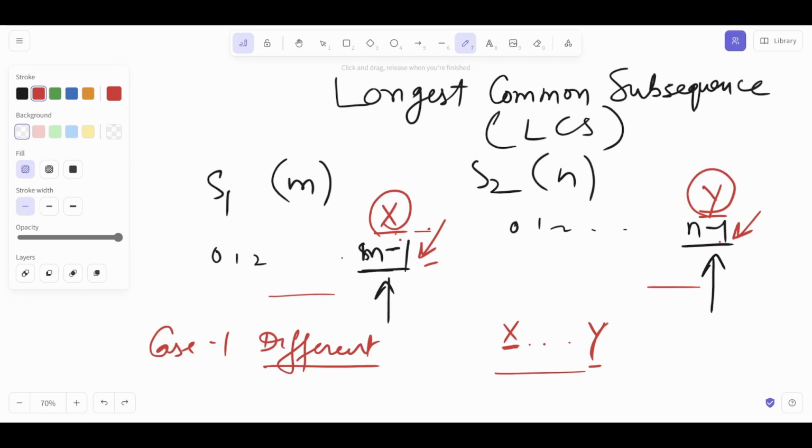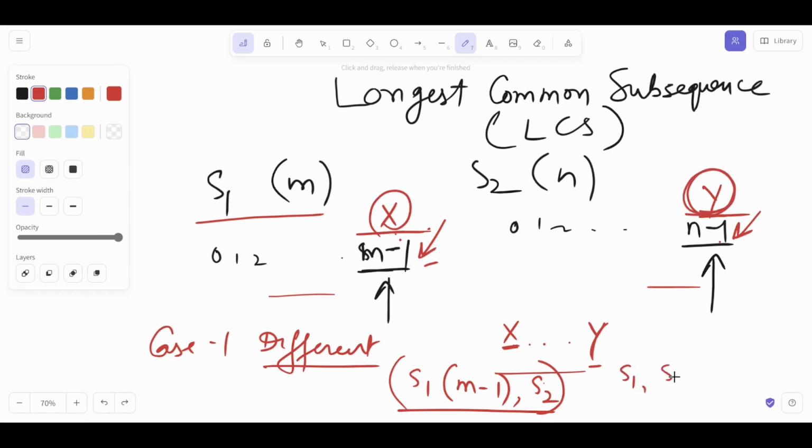So either we have to remove X or we have to remove Y. That means either we use the prefix of S1 of length m-1 and use S2 and find the longest common subsequence from this, or we remove this Y, so we use S1 and the prefix of S2 of length n-1, removing this Y character.